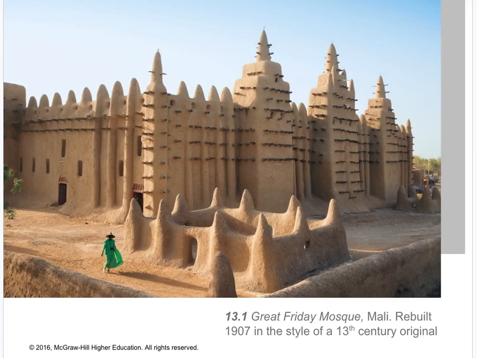This is the Great Friday Mosque in Mali, and it's actually rebuilt in 1907 in the style of a 13th century original. But what you have here is a fantastic example of complex adobe structure.